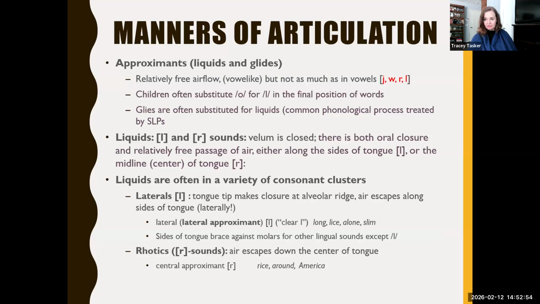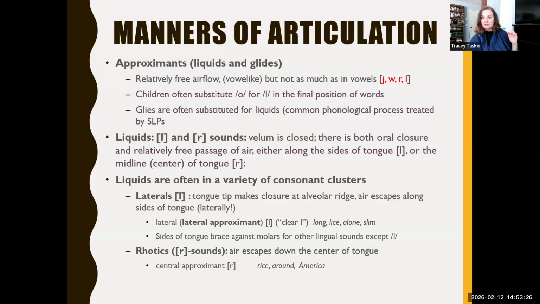Liquids and glides, we're going to talk about these next. And these are considered vowel-like. So we went from stops where it's completely obstructed, and now we're way down to more air flowing. Not as much as vowels, but much more so than with the stops. So these have very vowel-like qualities.